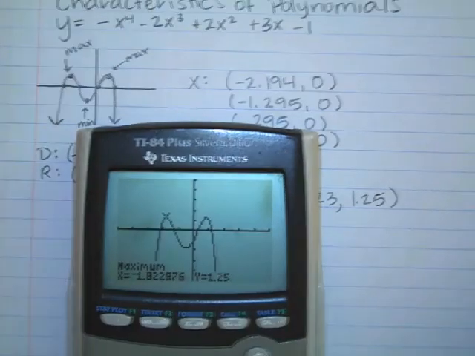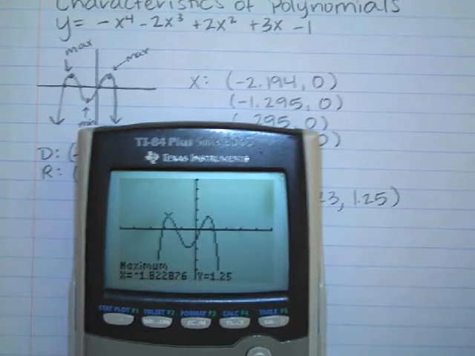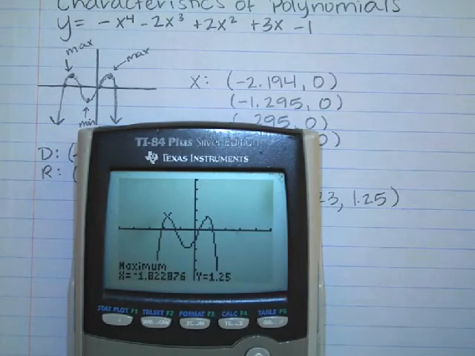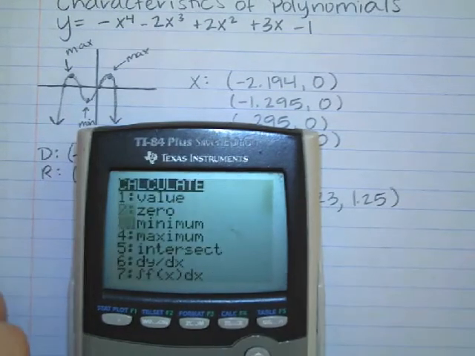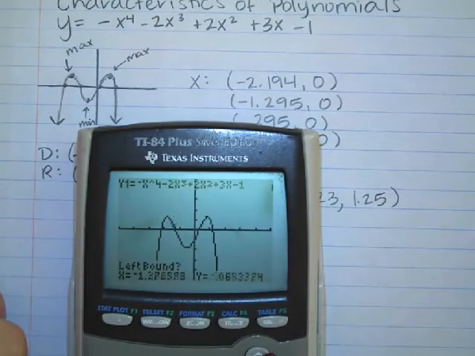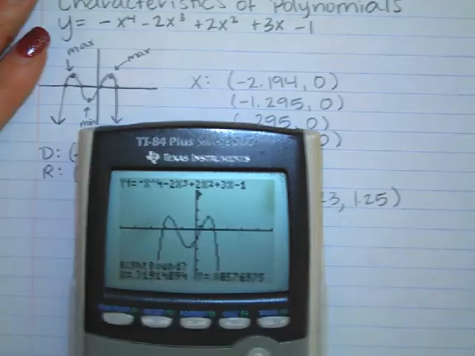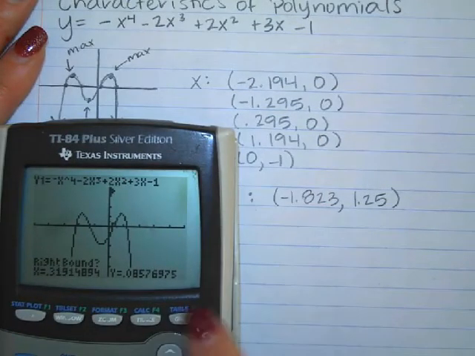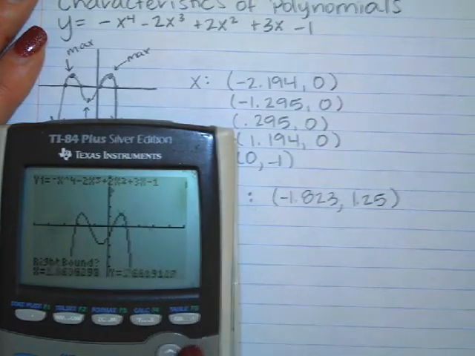All right, and then I want you guys to go ahead and find the other one. So second trace number 4, you're going to have to do left bound, which will be the left side of the mountaintop. Right bound will be the right side of the mountaintop. So left side. Right side.